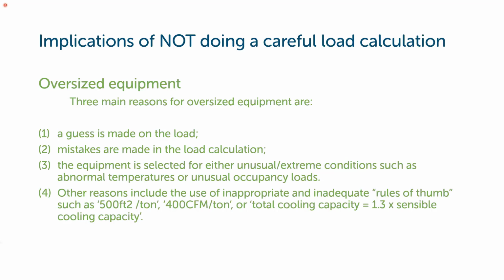So oversized equipment, what are the reasons for this? You're making a guess on the load, not doing proper load calculations, or if you are doing the load calculations, as we start to look at modern equipment options when it comes to heat pump equipment especially, sizing equipment based on extreme conditions can throw things out of whack during the bulk of the heating season, and we're going to get into some of those details further on here.